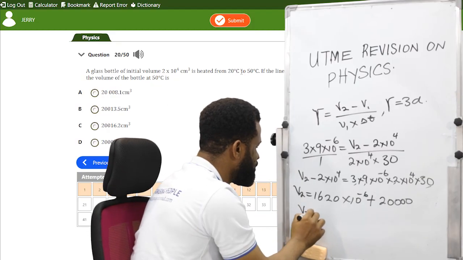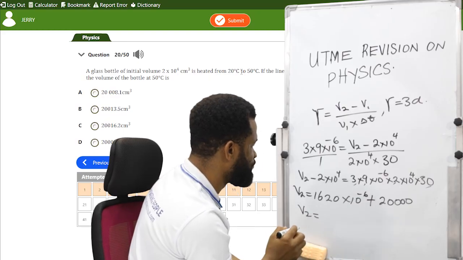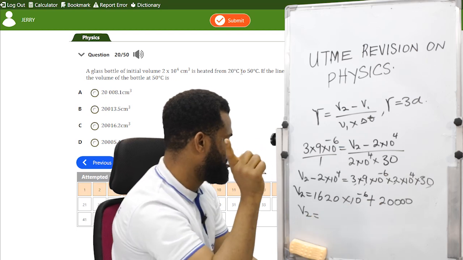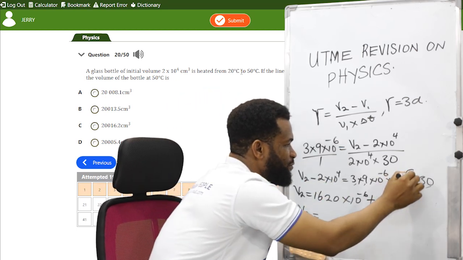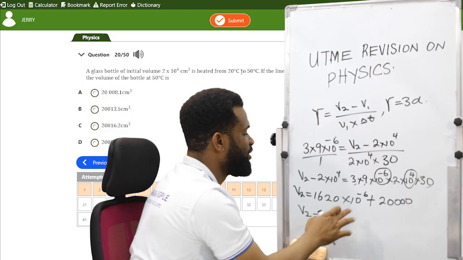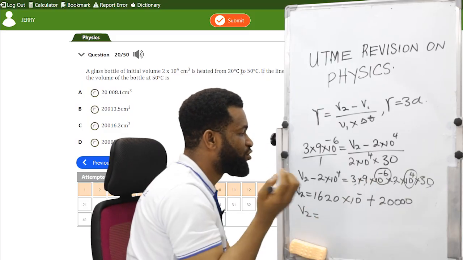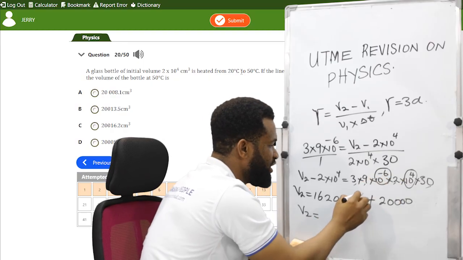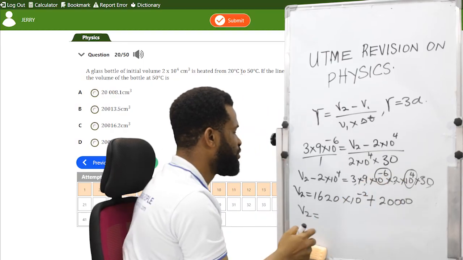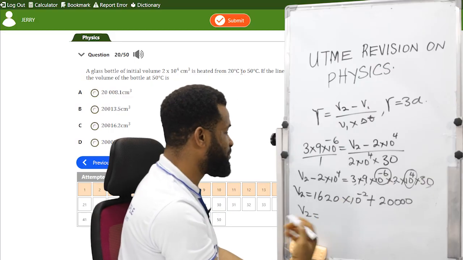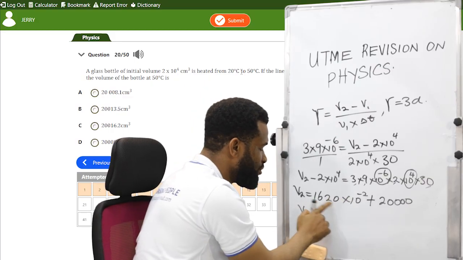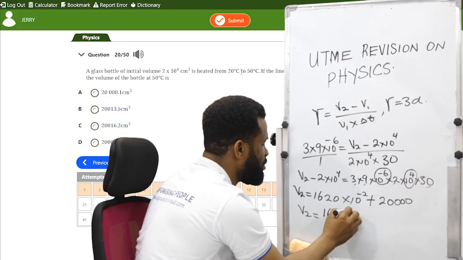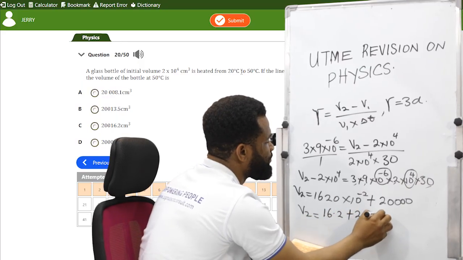So V2 is going to be, remember this is another 10 raised to the power 4 here, and 10 raised to the power minus 6 here. According to law of indices, when they are multiplying, their powers will add. So minus 6 plus 4 is minus 2, which is the same as dividing by 100. 1620 divided by 100 is going to be 16.2, plus 20,000.